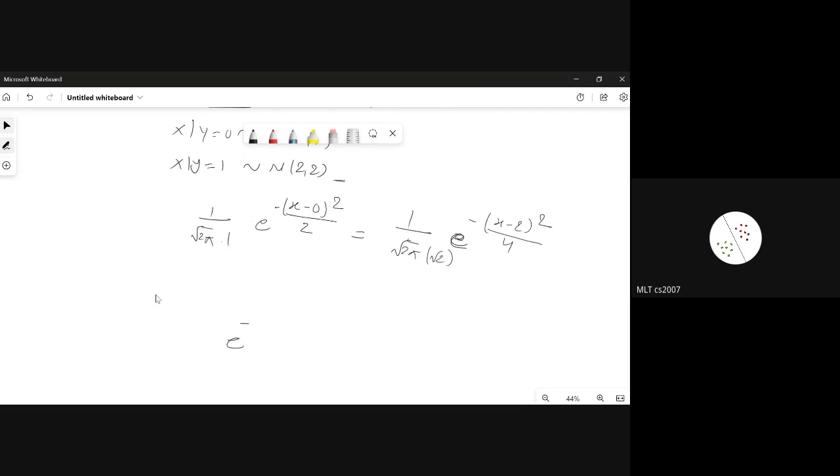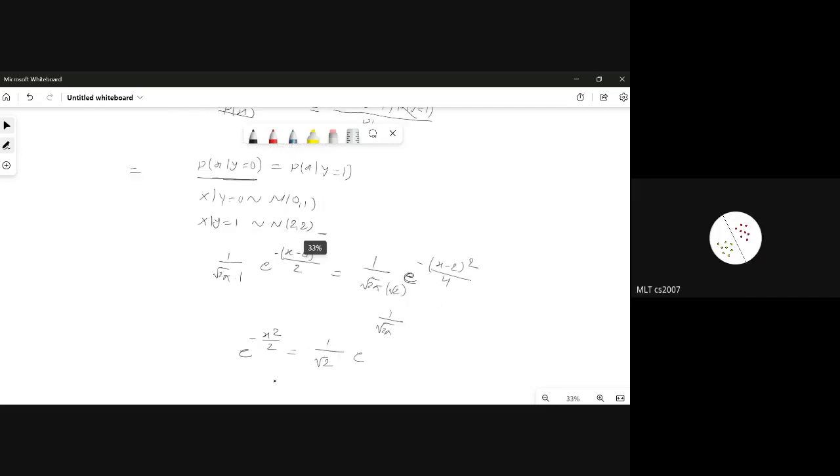It is e raised to the power minus x square by 2 equal to e raised to minus (x minus 2) whole square by 4. On the exponent side, it is e to the power minus (x minus mu) whole square by 2 sigma square. Okay.